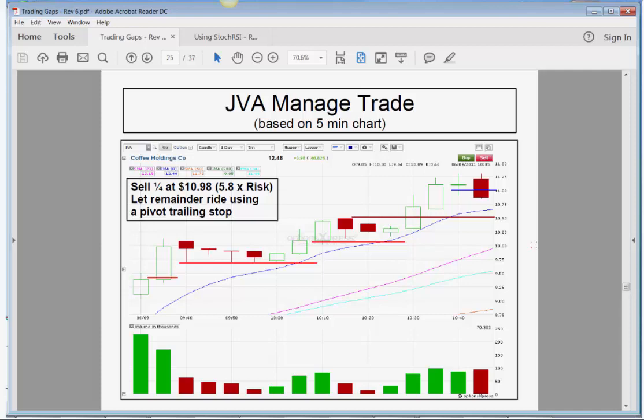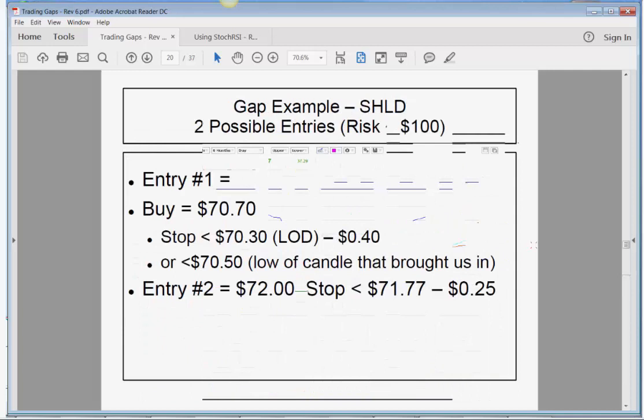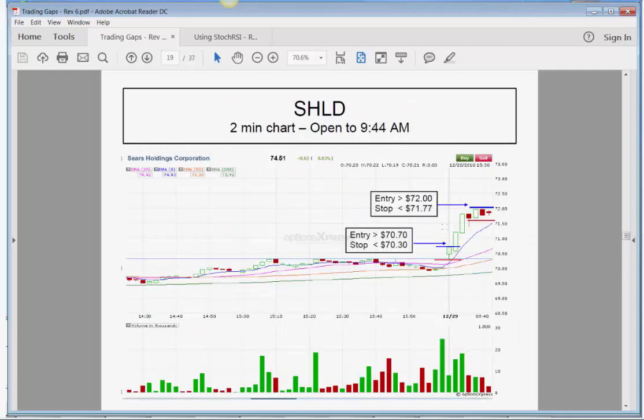I never scale in. I'll buy a new position. Let's go back to this right here, which could be a new position. The reason I don't do that is I've bought a full position here. Now, there is a theory that you could add to the position if you could reduce your risk.